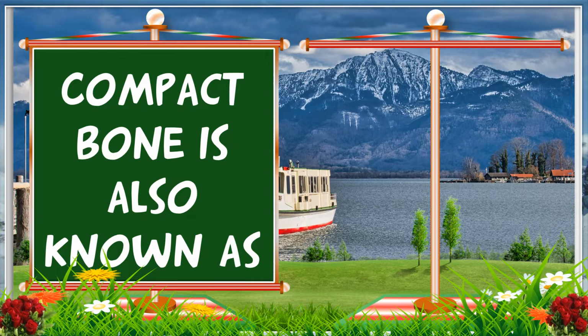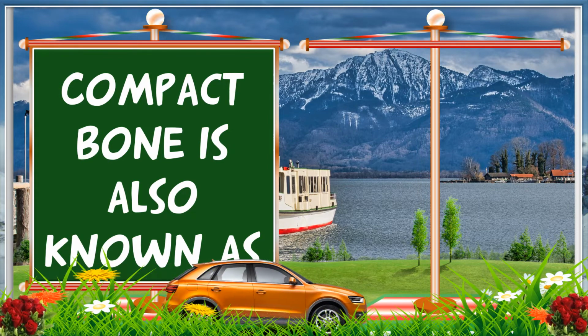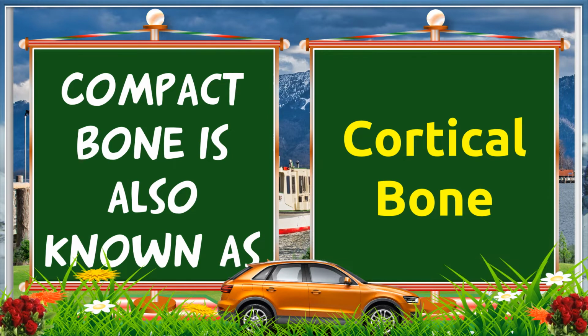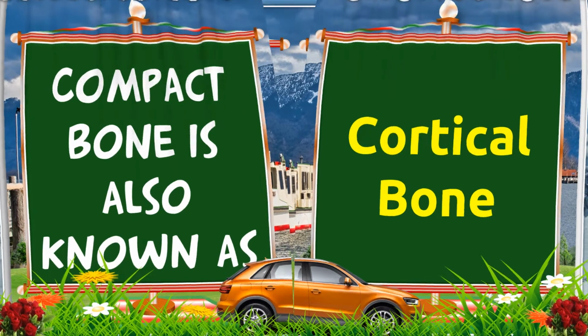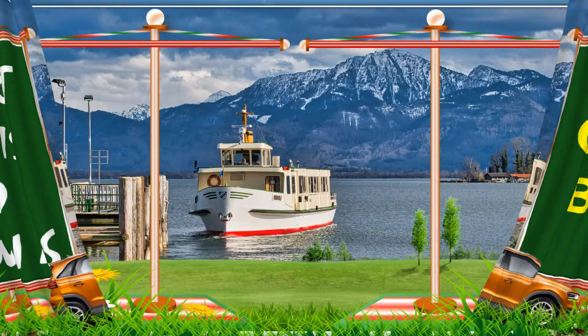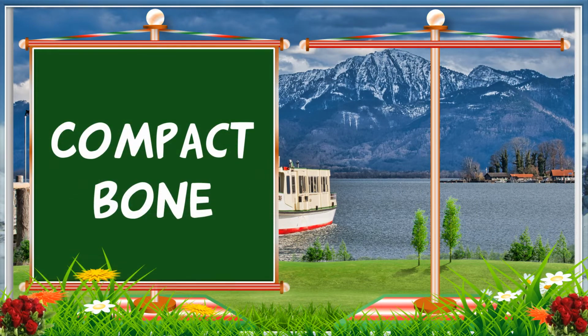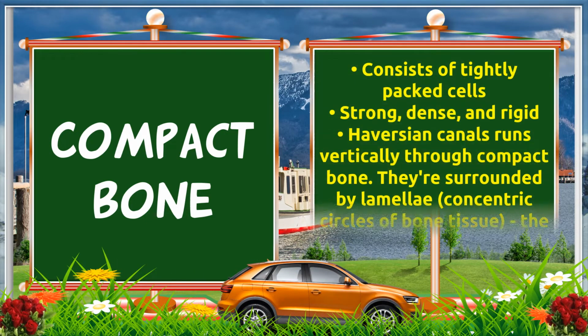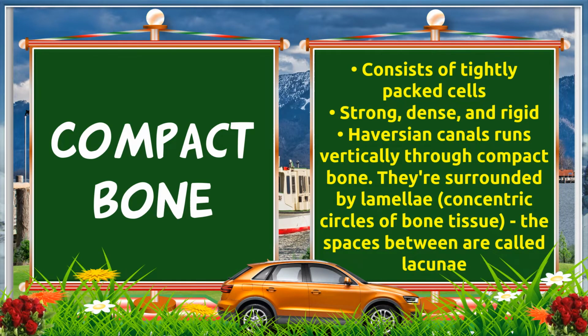Compact bone is also known as cortical bone. Compact bone: 1. It consists of tightly packed cells. 2.